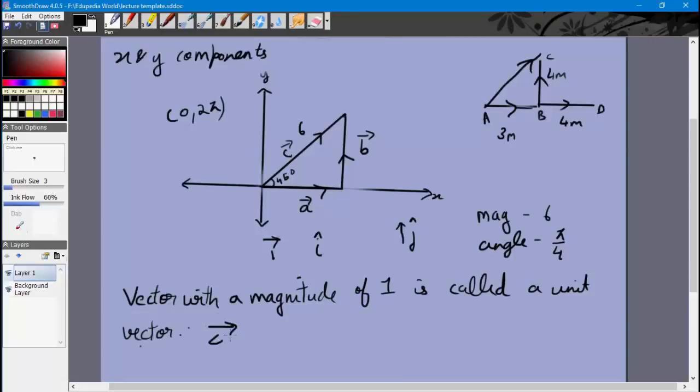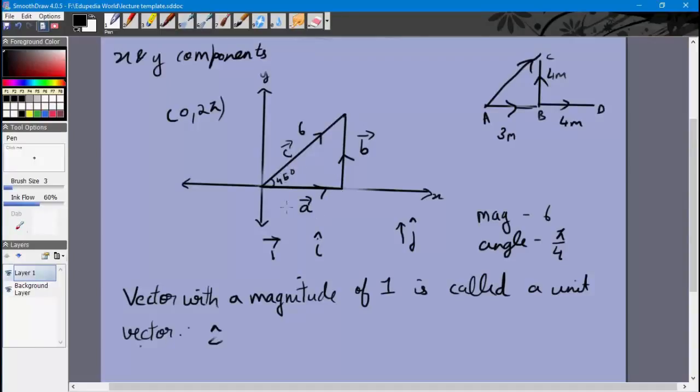So C with an arrow over it would be the vector C, but C with a small hat sign on top of it would be a unit vector. And by convention, the unit vector along the x-axis is called I and the unit vector along the y-axis is called j.